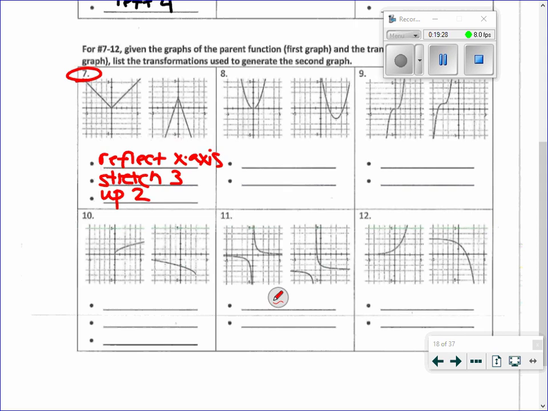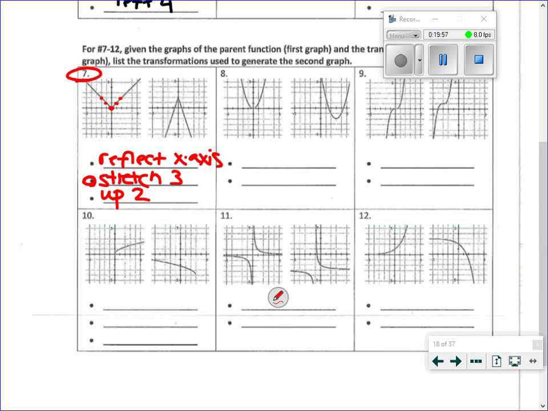So what I want to talk about is the idea of how you find your stretch. This is an absolute value graph, and if you think from the parent function, if I go to that minimum point, I can go up 1, right 1, up 1, right 1, or up 1, left 1, in all those directions. That's like thinking back from algebra 1, like your slope. So when you're finding your stretch or your compression, think about it like your slope.